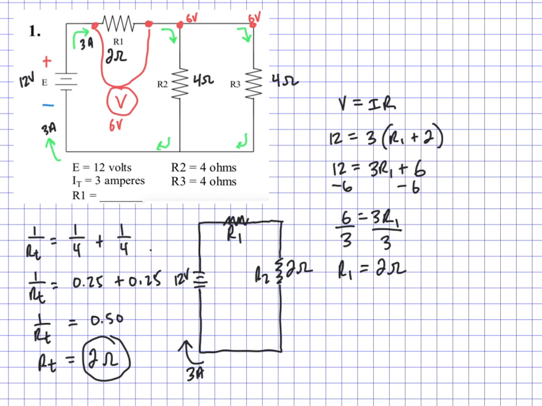But we could figure that out, right? Because 6 divided by 4 would give us the amperage that's going through this leg, right? And 6 divided by 4 is 1.5 amps, right? And then we've got down here 1.5 amps, right?